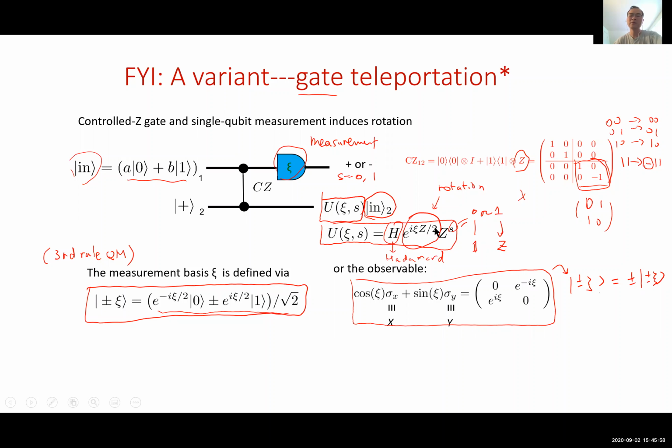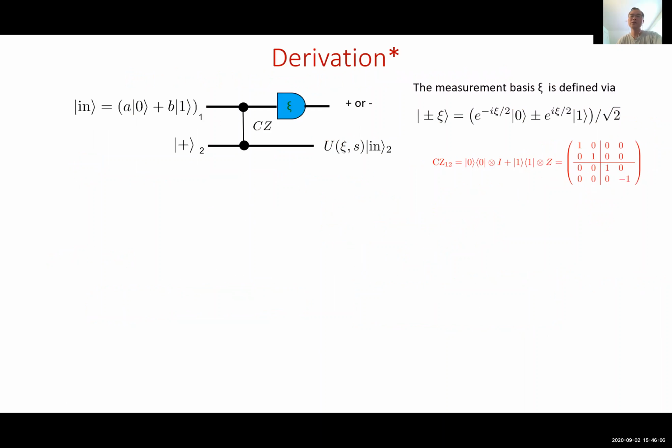And this is the form of the gate. So it becomes a rotation. Okay. So that's the goal. So the next page is basically the derivation, but I'm going to use the derivation just to reinforce what we have learned, really applying the rules of quantum mechanics. Okay, so this is the input.